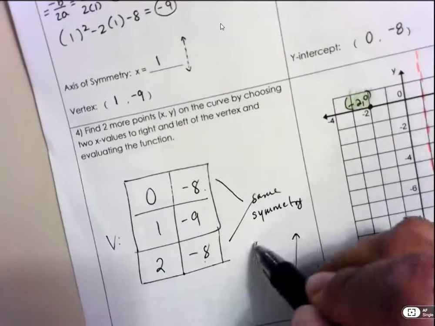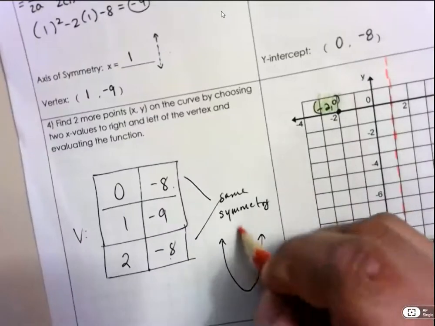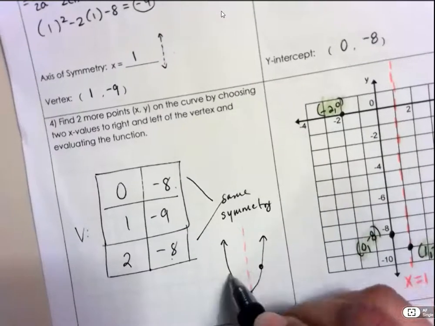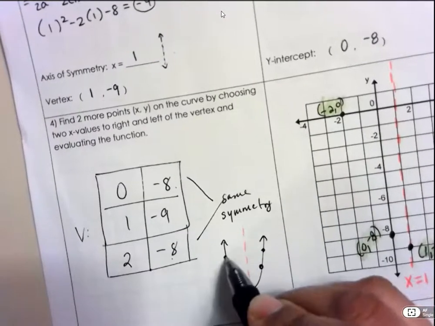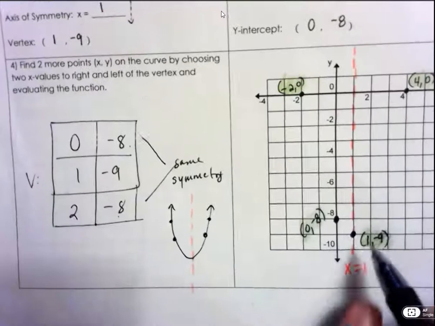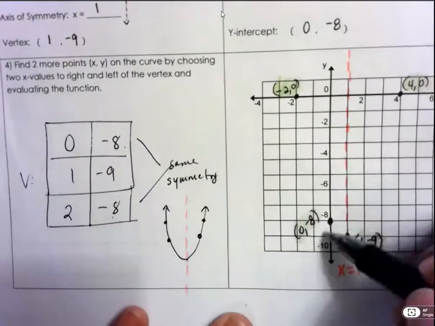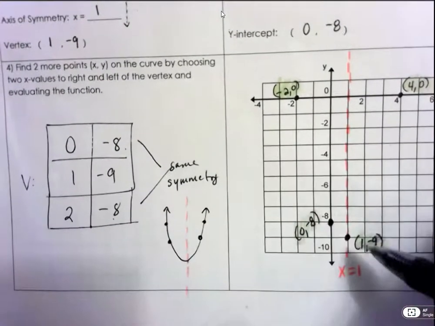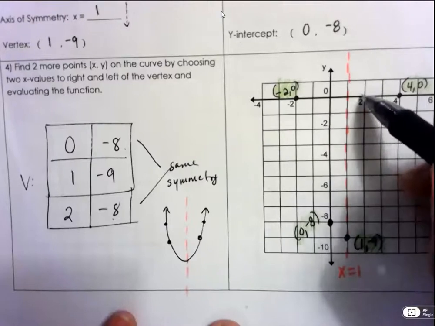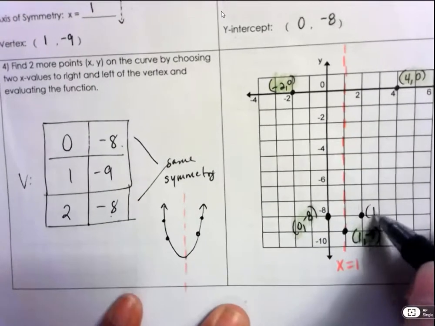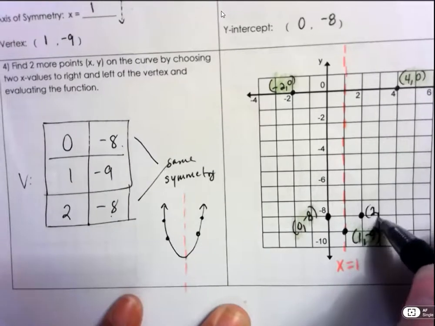They look like this with the axis of symmetry right here. All of these values right here correspond to the same y values. So if we're here at (0, negative 8), it's going to be right here, and (1, negative 8). So after the axis of symmetry, go over 1. I mean (2, negative 8).